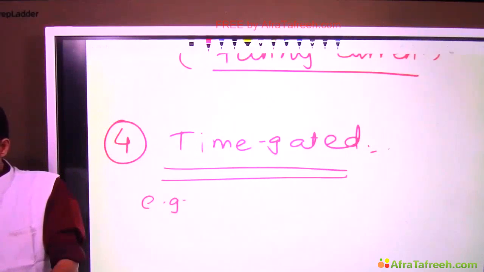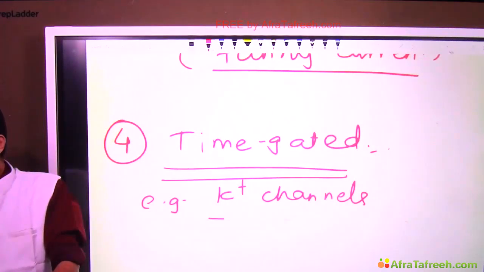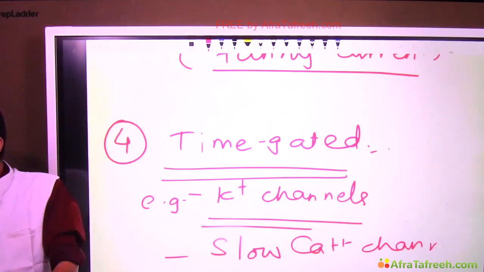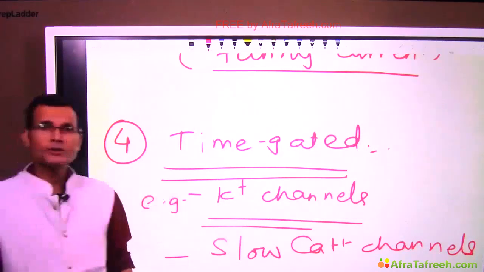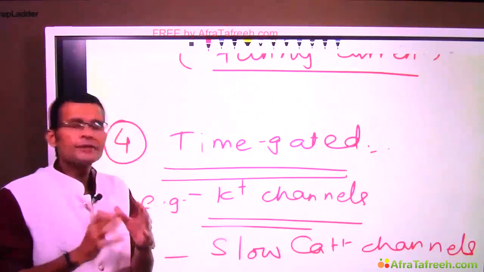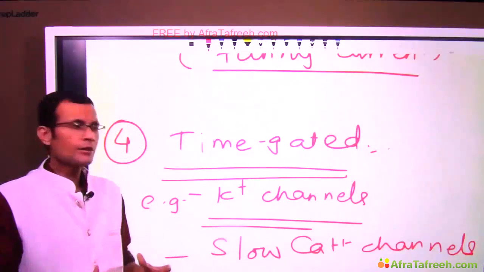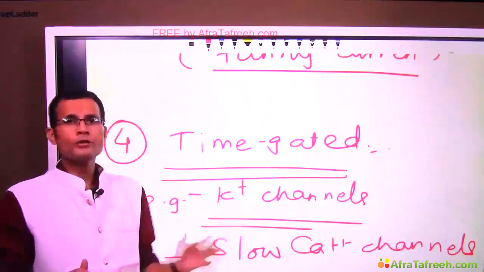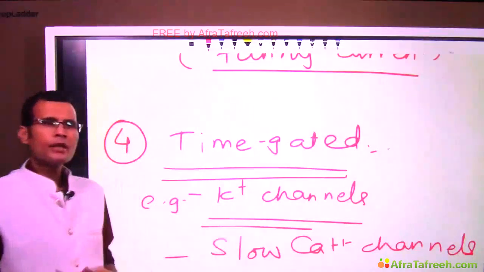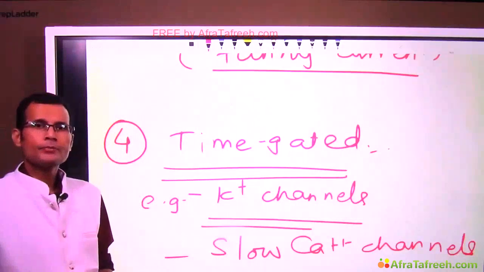Example: potassium channels in the nerve membranes, or slow calcium channels in the heart responsible for the plateau in the action potentials. So time is the deciding factor. Time is the governing factor for opening and closure of the gates. For example, potassium channels are said to be lazy channels.